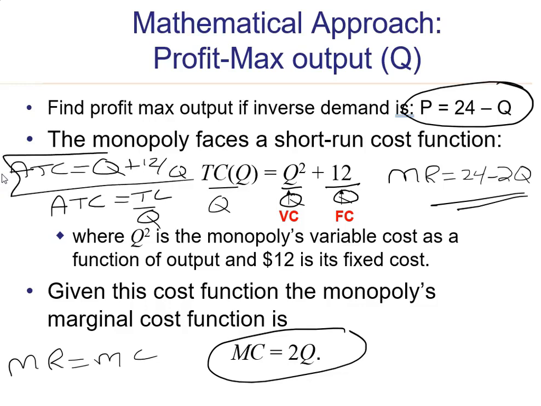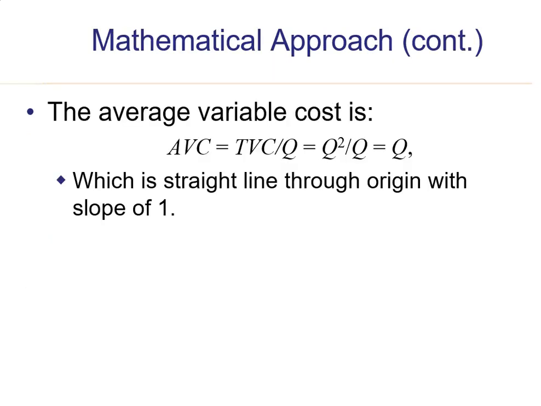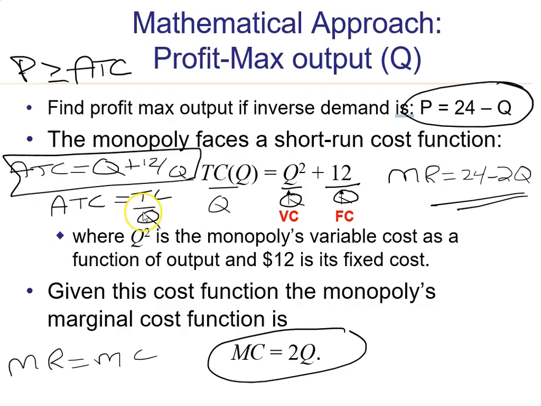And why did I derive this? Because the shutdown rule for the long run for the competitive firm is the same as for the monopolist. The price has to be bigger than or equal to ATC for this monopolist to be open in the long run. So it's helpful to know what the ATC is. So what's the AVC curve then? Well, the AVC curve will just focus on this part of the expression.